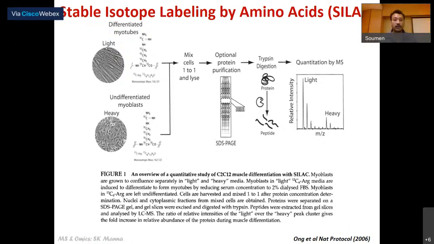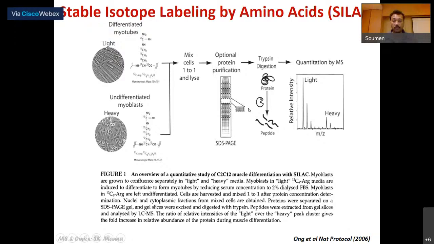Eventually, the cells will incorporate the 13C in all of their proteins. Even if you mix these proteins, the set of protein which will have all 13C arginine will be coming only from the second group. So in this case, let's say undifferentiated myoblasts, and the light isotopes will all be coming from differentiated myotubes.